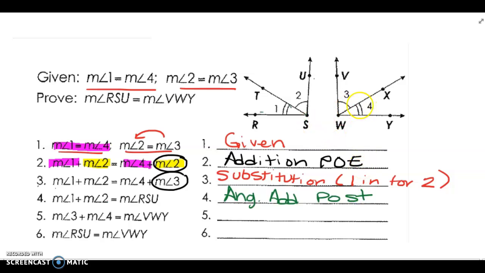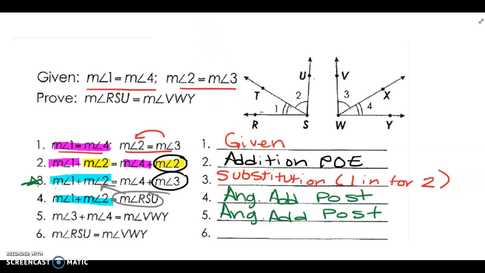And then angle 3 plus angle 4 is VWY. This is also the angle addition postulate. Okay, now RSU equals VWY. Well, why is that? Well, let's go back to this line here. Measure of angle 1 plus measure of angle 2 is here and here, so I can substitute this in for here.